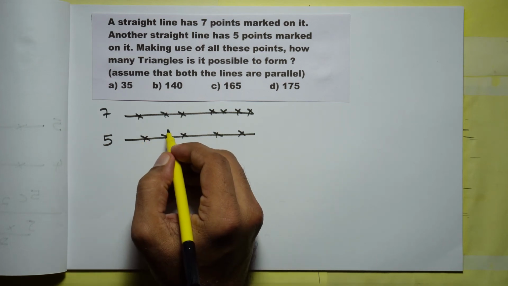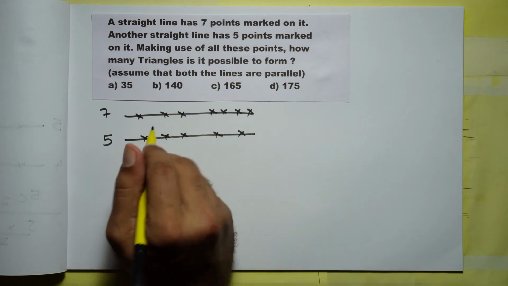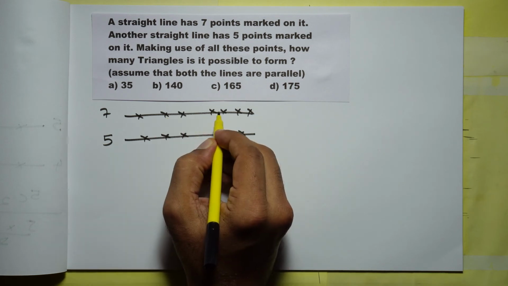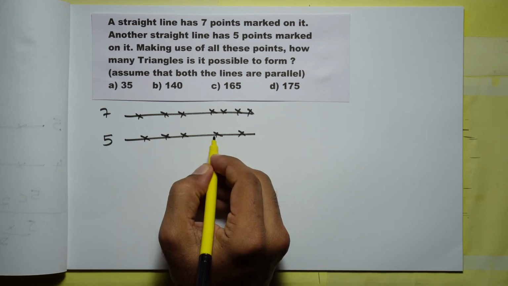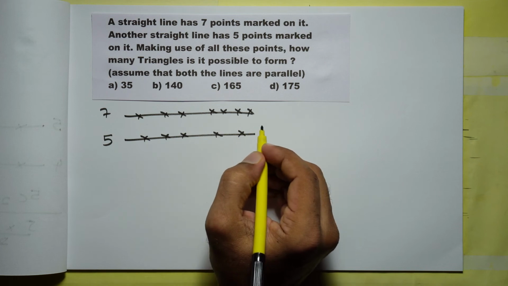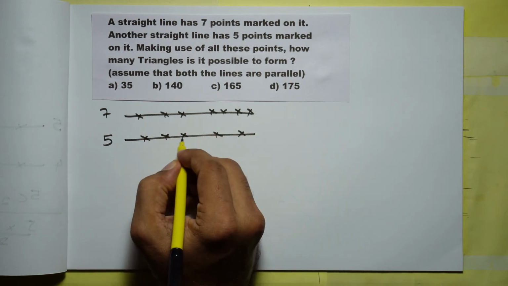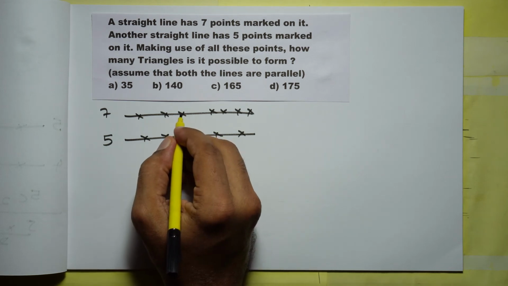Now the requirement for a triangle is 3 non-collinear points. So if you choose 3 from this 7, you will not get a triangle, you will get only a straight line. Similarly, if you choose 3 from 5, you will get only a straight line. So the favorable cases are, you can choose altogether 3 points. 2 of them can be chosen from this 7 and 1 from 5, or you can choose 2 from 5 and 1 from 7.